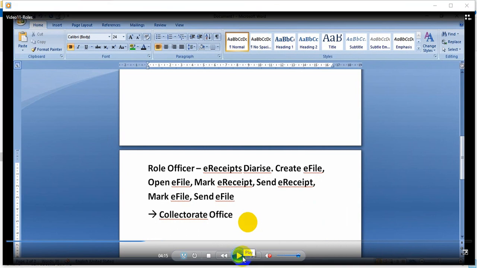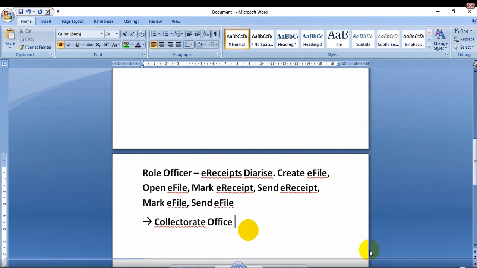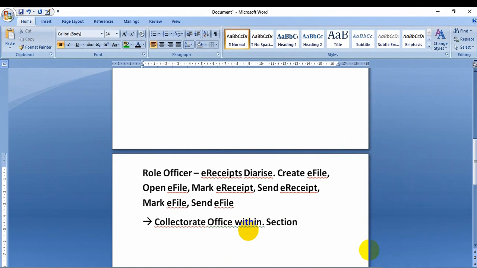So I will write it here, collectorate office within. Right, one minute. Okay. Now sections, it can be any section or any other office of collectorate.